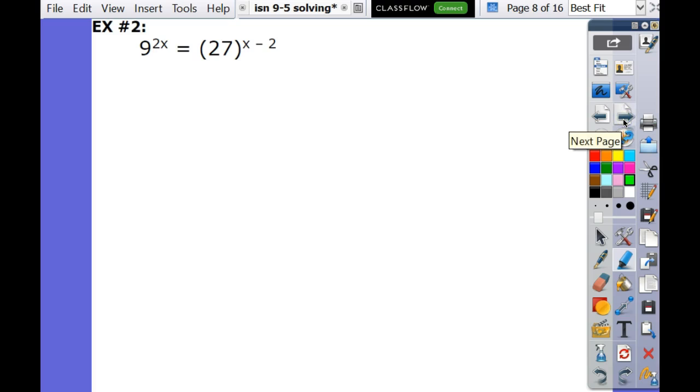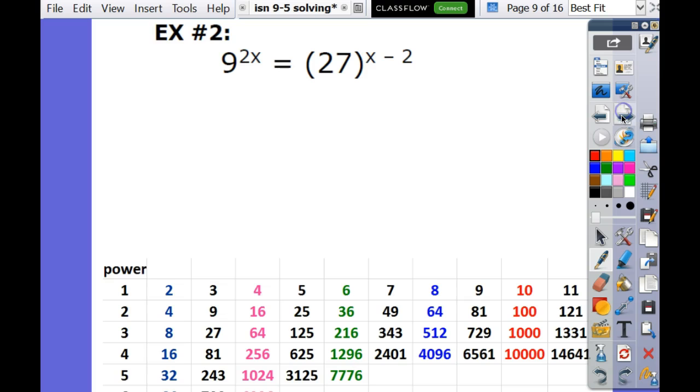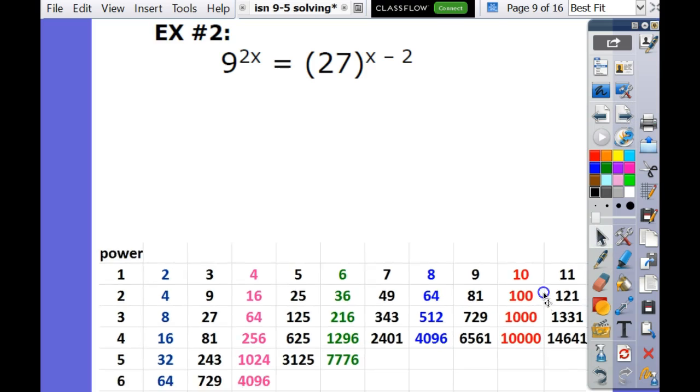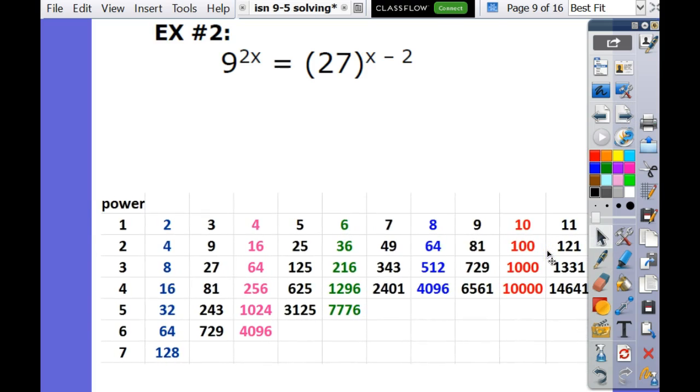Okay, so example number 2. On example number 2, the bases are not the same. So we have to make the bases the same. I understand that some of you don't have a lot of multiplication skills, so you can use a chart.